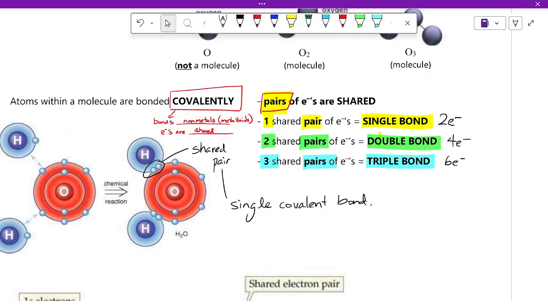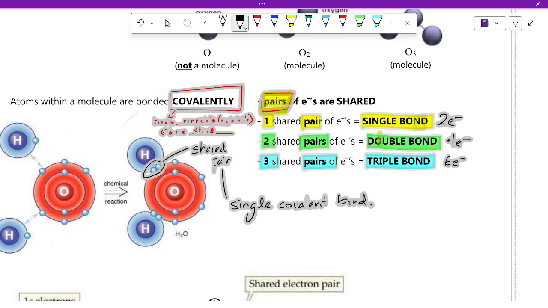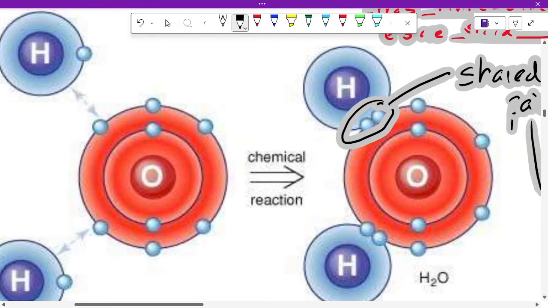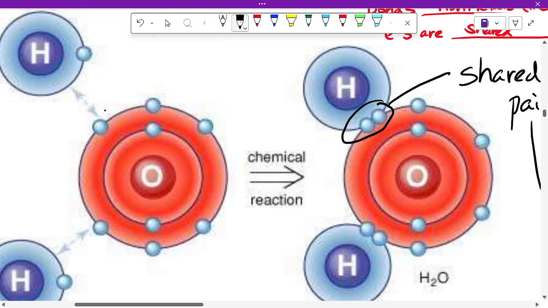And that gives oxygen. How many electrons does oxygen start with in its outer shell? In its outer shell. 1, 2, 3, 4, 5, 6. How many does it want?